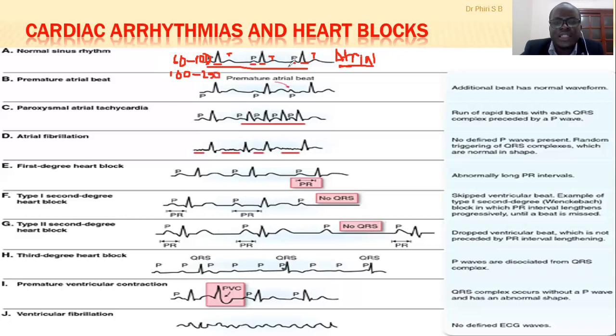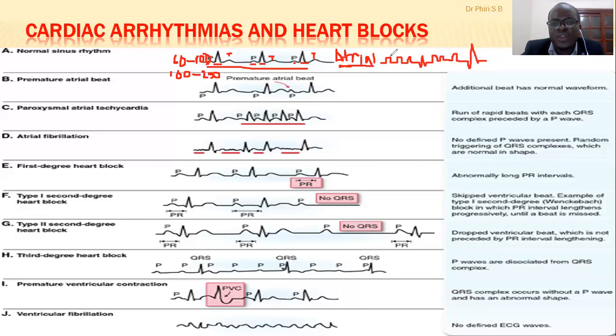In a tachycardia, you find that you have several P waves. If you're looking at the ECG, you can have a P wave and another P wave and another P wave that is conducted to the ventricles, and then you have a QRS complex. Then to start again, you have a P wave and another P wave and another P wave, and then this will be conducted, and you have a QRS complex like that.